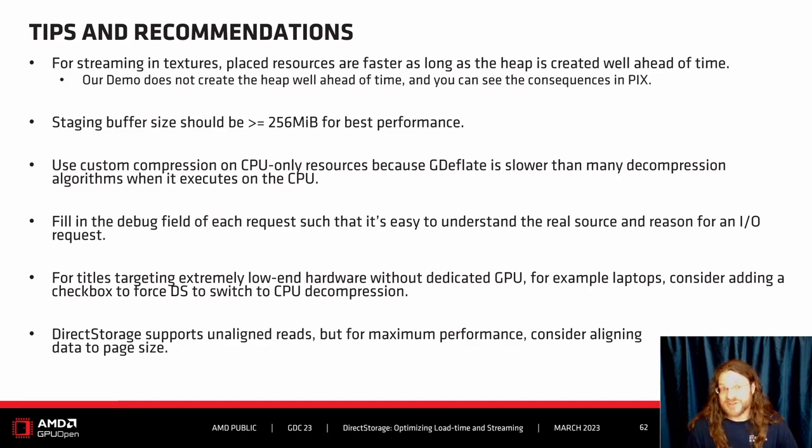Our demo doesn't do this, and you can see it in our PIX captures, or if you take a PIX capture of it yourself. Staging buffer size should be approximately or greater than or equal to 256 megabytes for best performance. It might be better to use custom compression techniques on the CPU only resources because GDeflate does not execute as fast on the CPU as it does on the GPU.